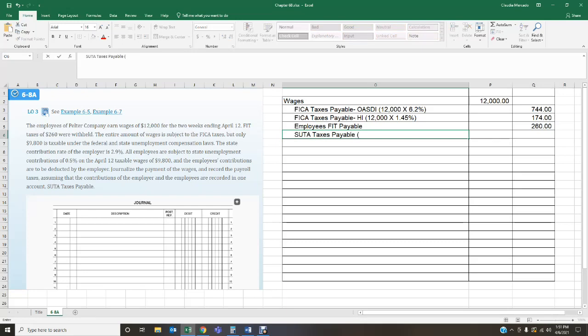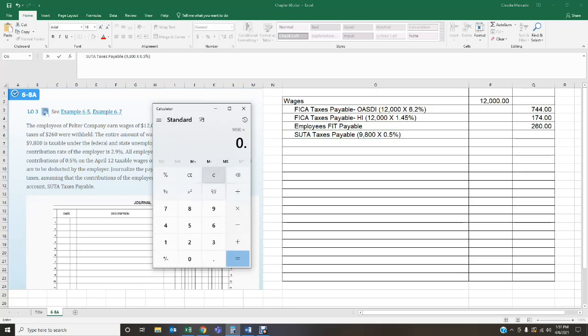And for purposes of SUTA and FUTA, it says that $9,800 are taxable. It says only $9,800 is taxable under the federal and state unemployment compensation laws. So when we're calculating FUTA and SUTA, we're going to use the $9,800 right here. Okay, so it'll be $9,800, and the SUTA rate for the employees is 0.5%. Okay, and let's see what we get.